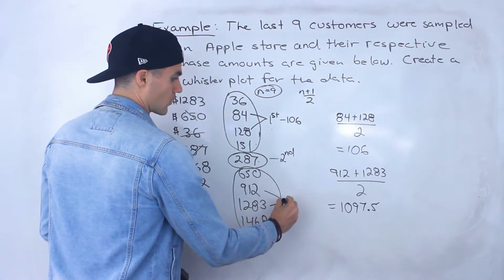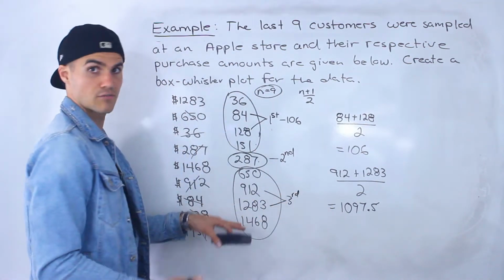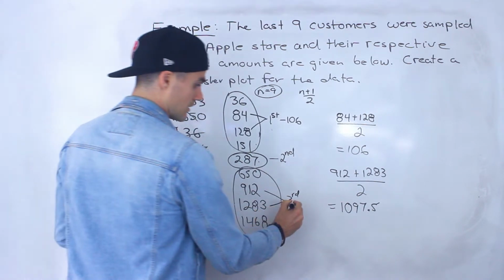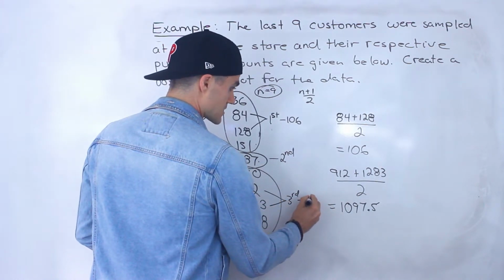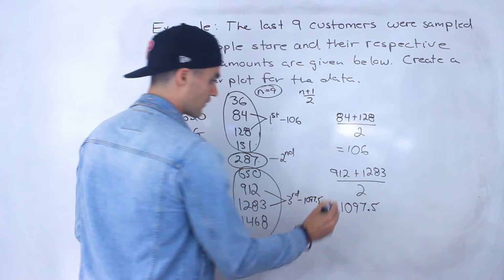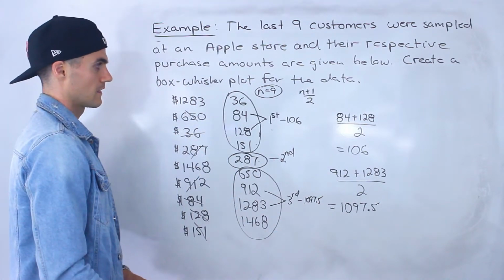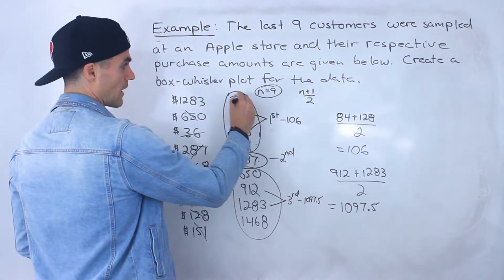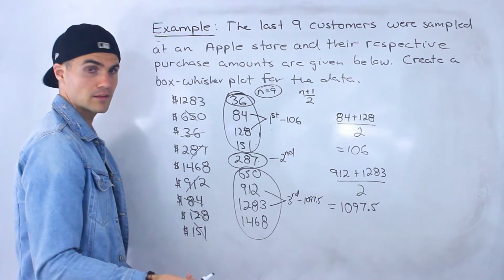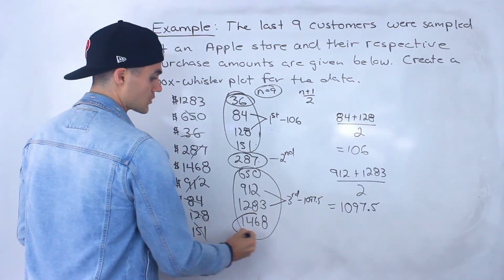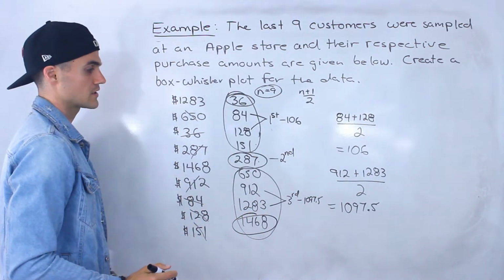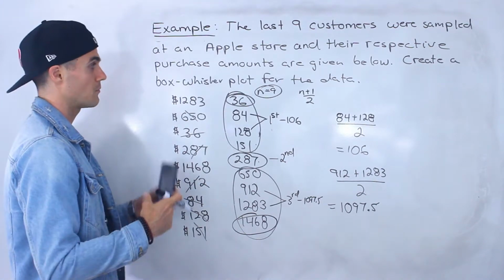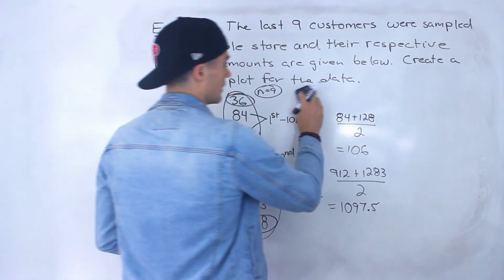So the third quartile, which is the median of the second half of the data, is going to be 1,097.5. And notice how we also have the smallest value in the data, which is 36, and the largest, 1,468. We need those as well for the Box-Whisker plot.